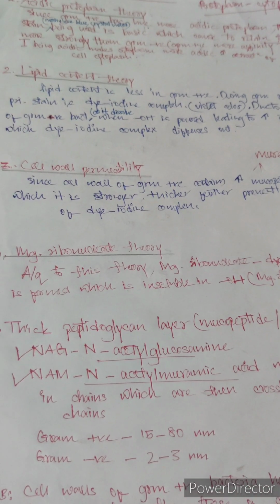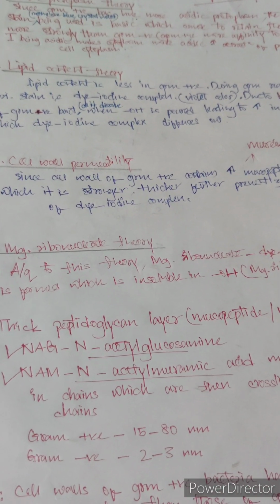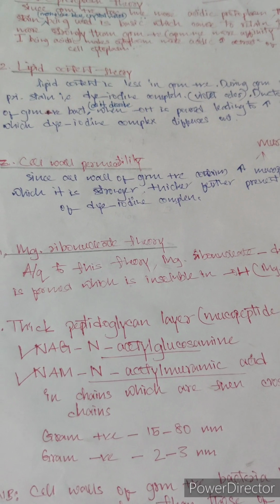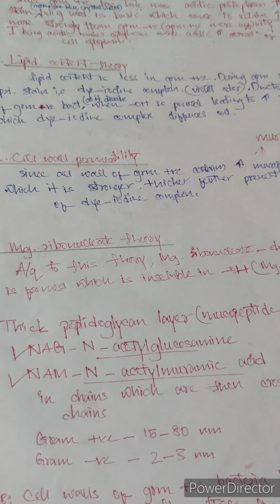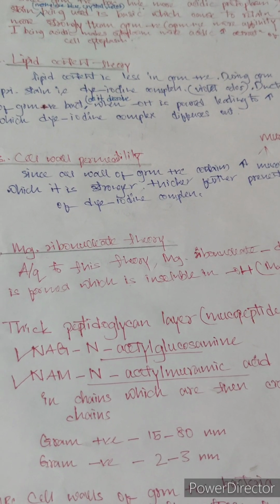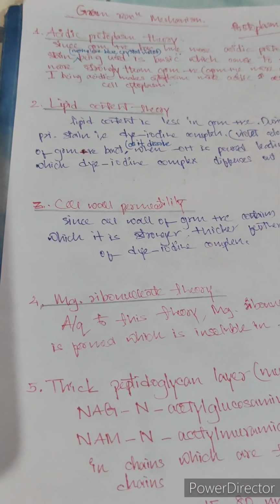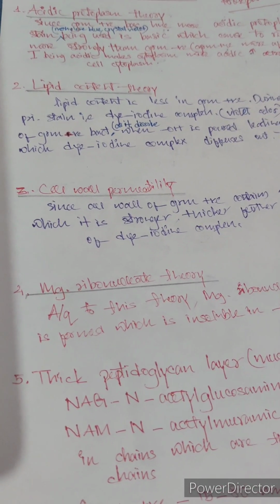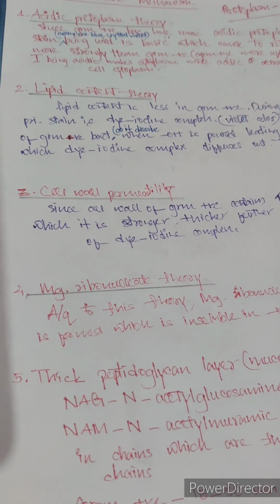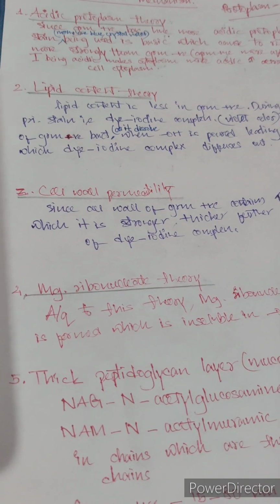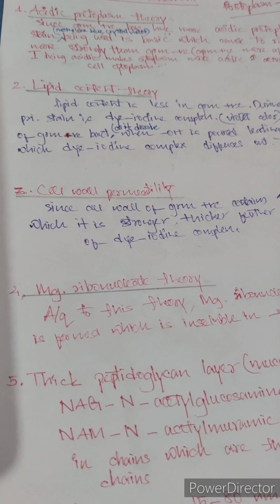But in case of gram-positive bacteria, there is less lipid content, so there is less leakage of your diiodine complex through the pores. So this is your lipid content theory. It's common sense. If lipid content is less, obviously there will be fewer pores, leading to less diffusion of your diiodine complex.